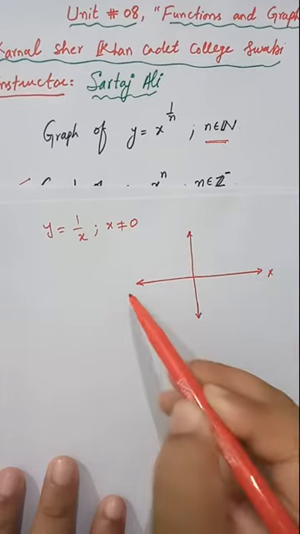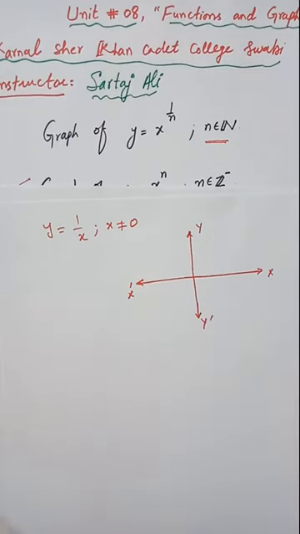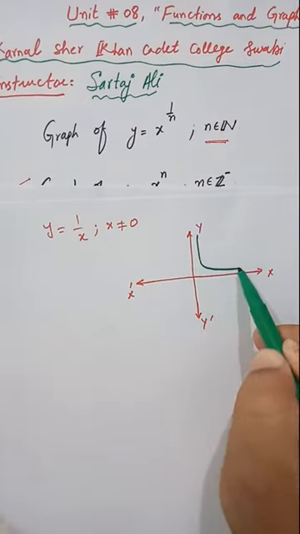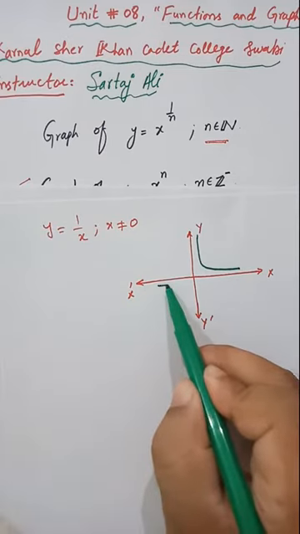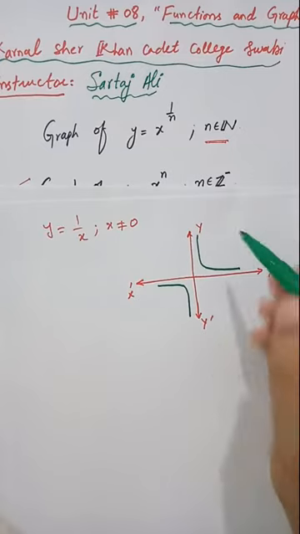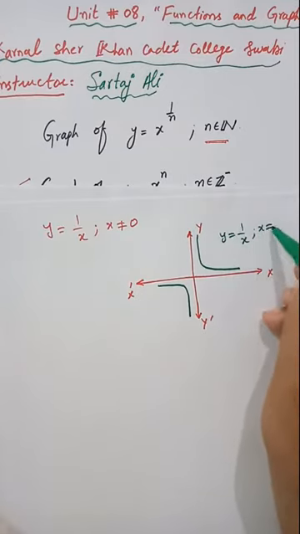This is the x-axis, this is the y-axis. So the graph must be in this fashion. That is the graph of y is equal to 1 divided by x, x is not equal to 0.